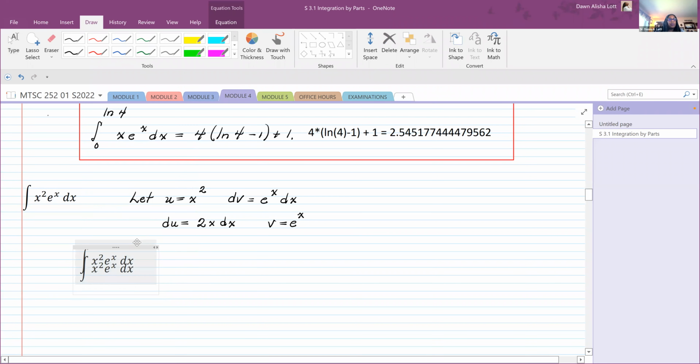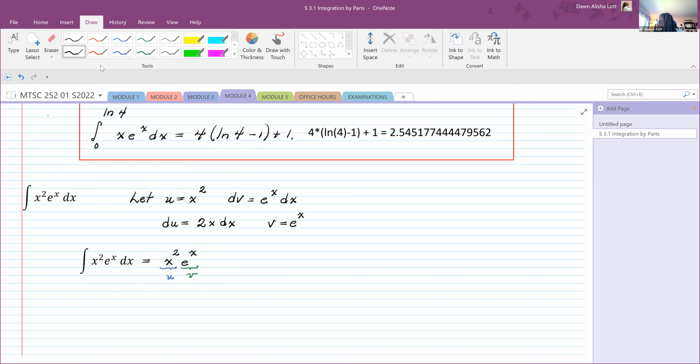So now when I go to do this integral, I get u, which is x squared, times v, which is e to the x. So we start off with u times v. Then we do minus the integral of v times du.